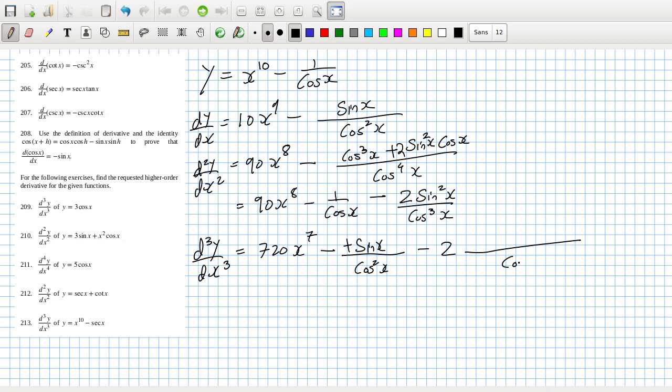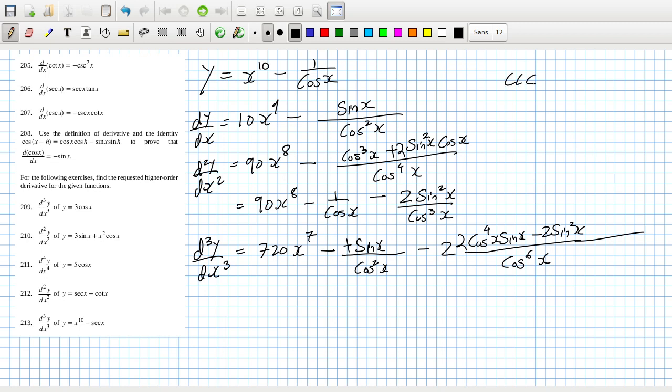And then it's the bottom squared. The bottom times the derivative of the top, which is 2 sine cos, minus the top, 2 sine squared x, times the derivative of the bottom, which is cos cos cos. So it's a product rule.